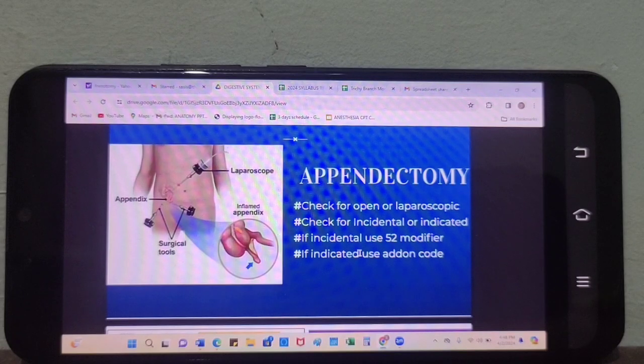For example, if a doctor performs both the highest and lowest severity procedure in the same session, first we should report the code for the highest severity. For example, arm fracture and skull fracture. Comparing these two, which one is the highest? Skull fracture. So first we should report the code for skull fracture treatment, and next we should report the code for arm fracture. So based on severity we have to select, not only for CPT, in ICD also we have to give priority for severity.